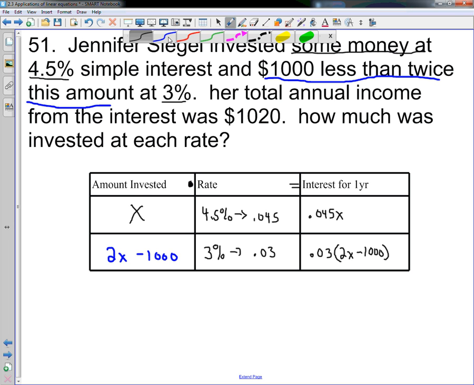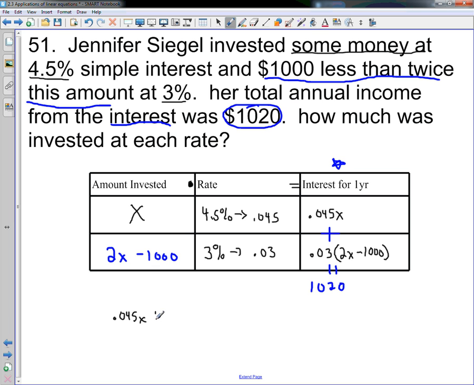Okay, so we have a little more information. We know that the total interest, so notice that we have interest over here, is 1,020. So the total means I'm going to add what I made from both. That's a plus sign, and it should equal a total of 1,020. Okay, so let's go ahead and write our equation. So we're going to take the interest from the first one, which is 0.045x.